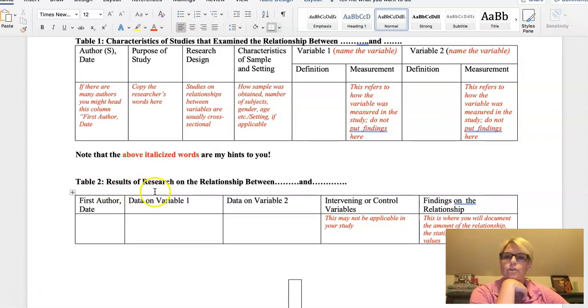Then your table 2 is 6B, and that's the result of research on the relationship between blank and blank. So data on variable 1. For the example here, I would put something like, let's just say loneliness was my variable 1.